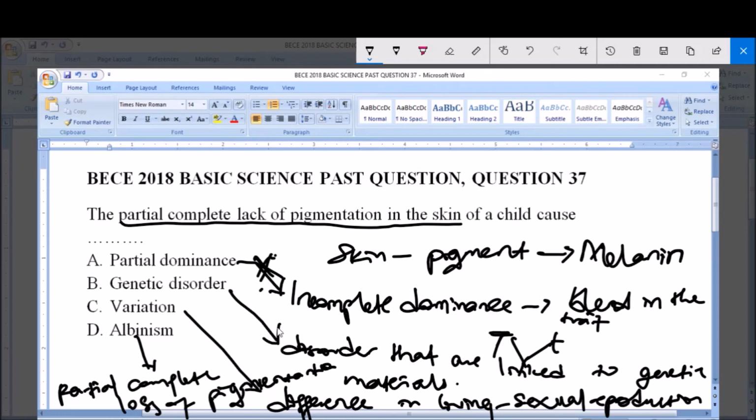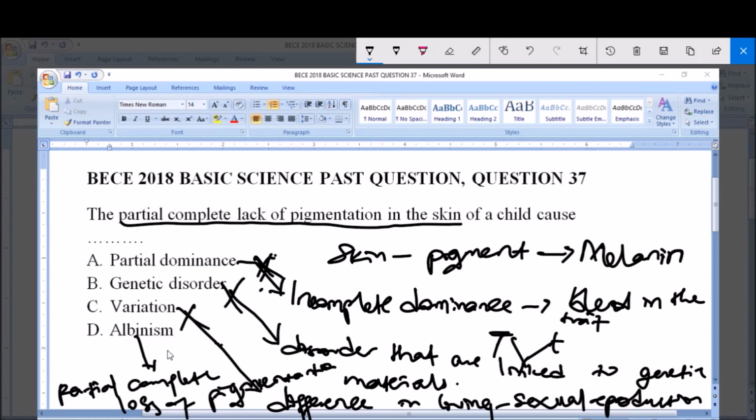Genetic disorder is caused by a disorder in the gene coding, or maybe when there's a problem in the structure of these genetic materials, such as the chromosomes. So it is not caused by lack of pigmentation. Likewise, variation. I told you that variation simply refers to differences in organisms, as a result of sexual reproduction. So it is also not caused by lack of pigmentation.